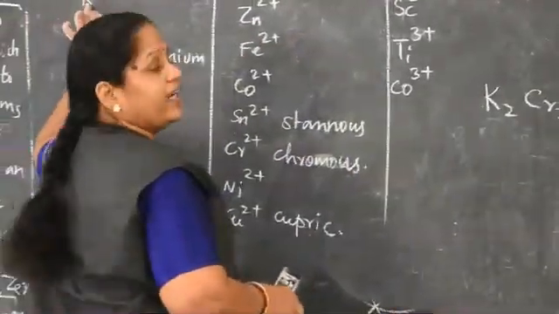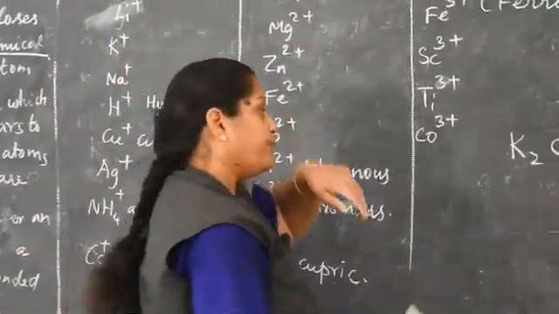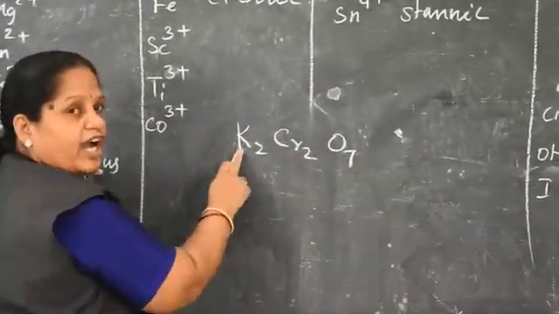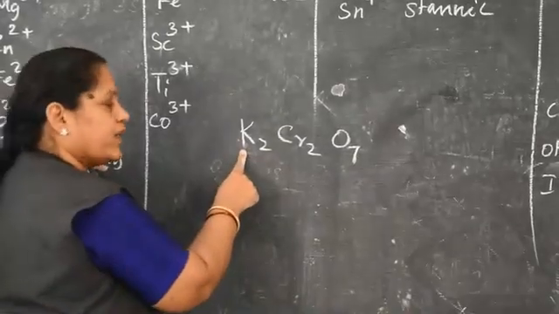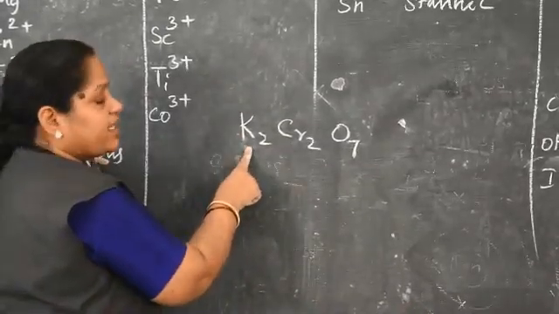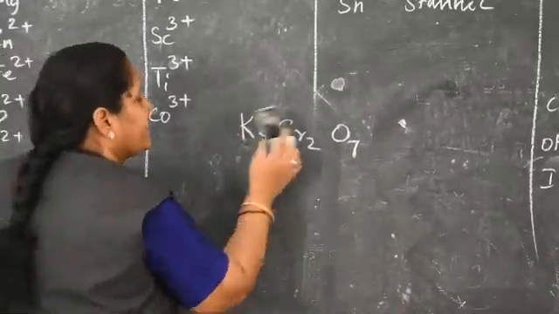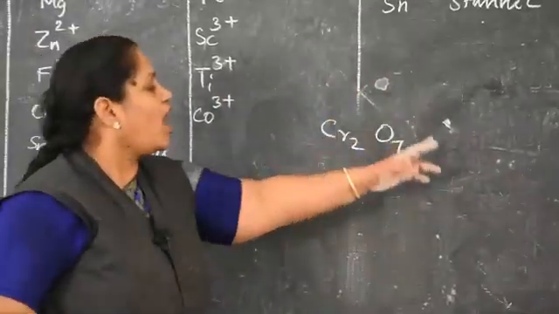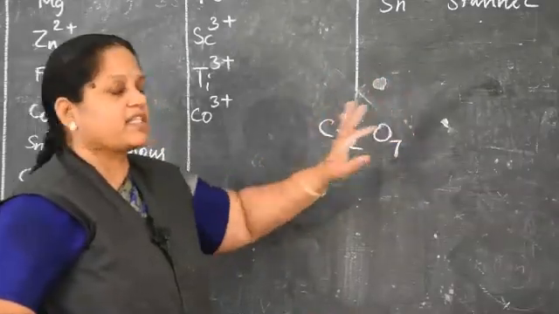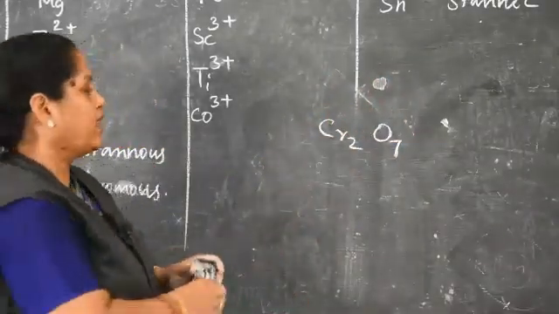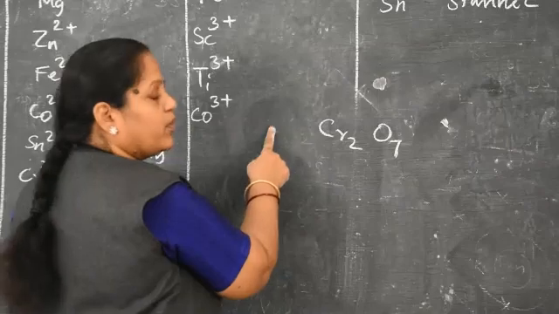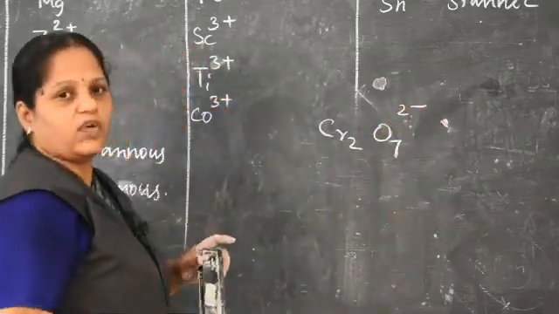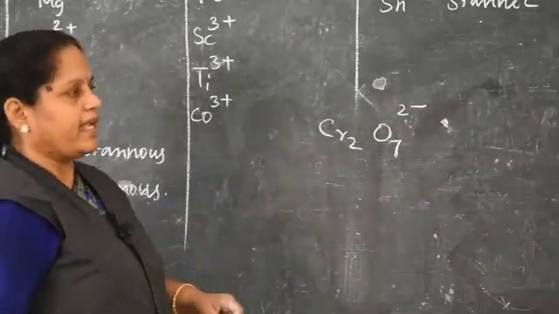Already I write here K+. So for one potassium atom, what is the charge? Plus 1. So how many potassium is there? 2 potassium is there. I removed from this compound. What is the charge for remaining atoms present in this one? I removed 2, that's why its charge is 2-.